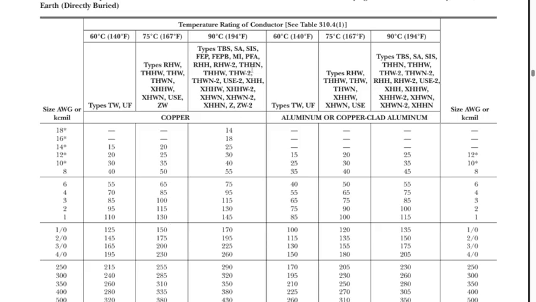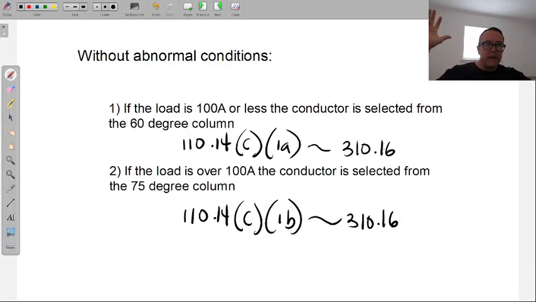Now I said again, you go to the supply house, can I have some number 1? Yes, you may. They will bring you THHN, THWN-2. That's the conductor that we're selling these days, and you can see if you even look at it, that wire can hold a little bit more than that amount that I sized it to. So this wire has a pretty big margin of buffer in reality.